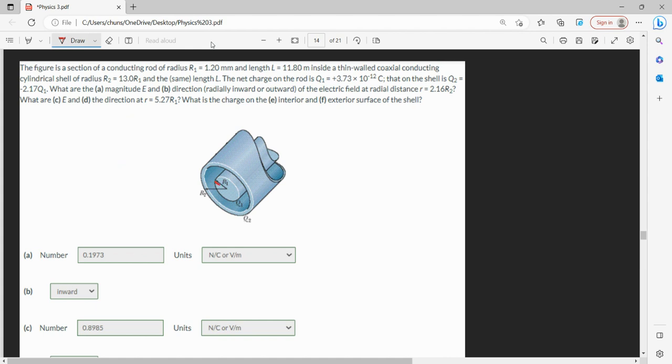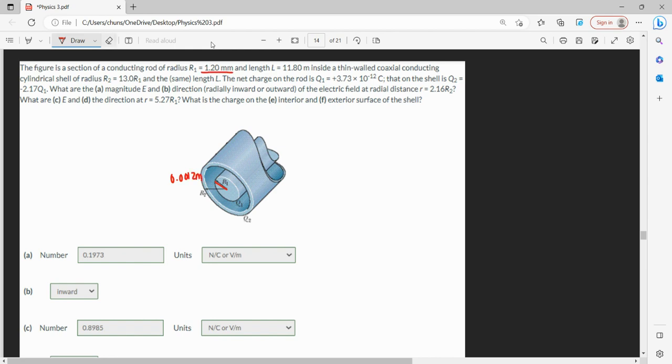We know our first radius, let's convert this, so this is 0.0012 meters.